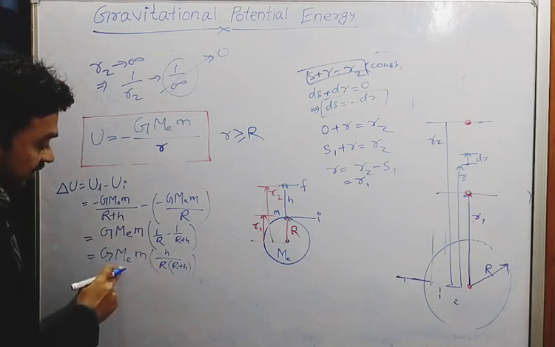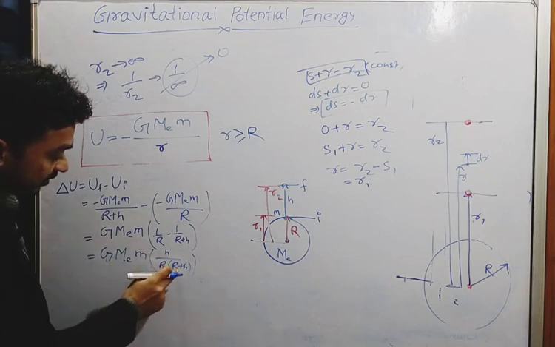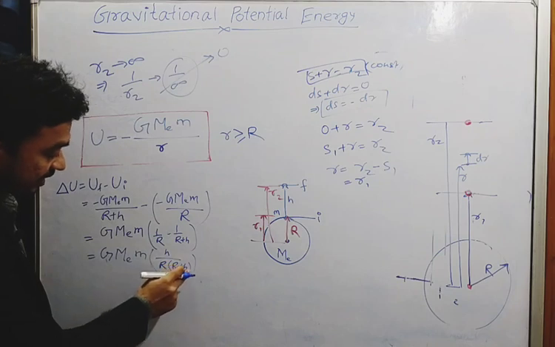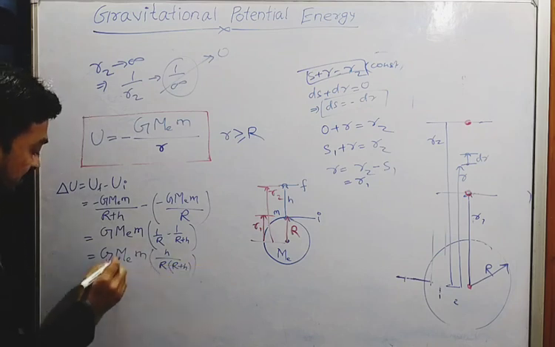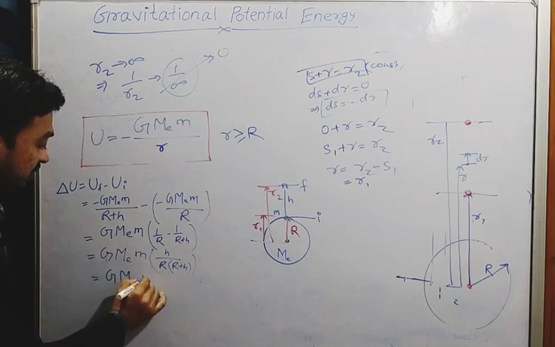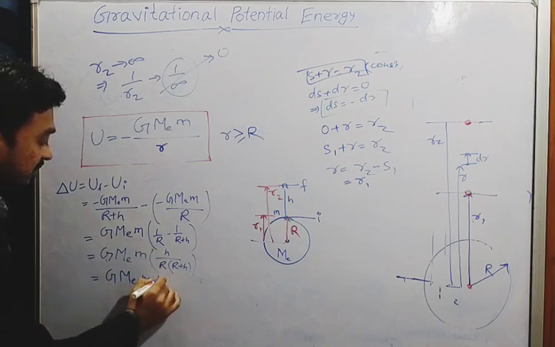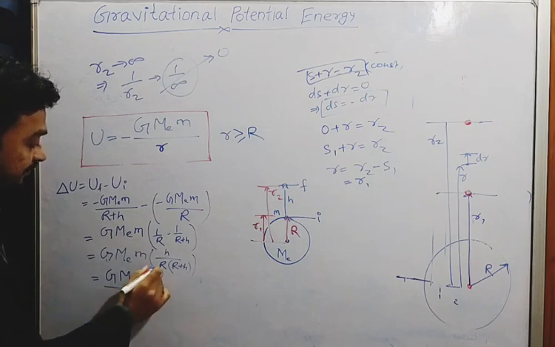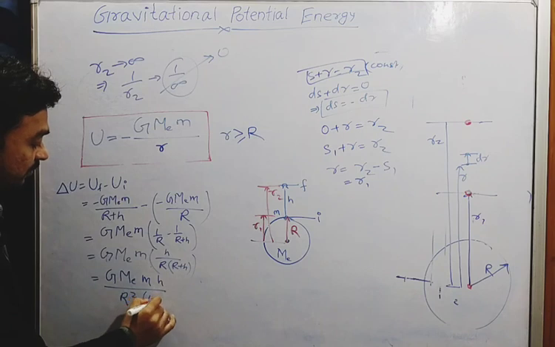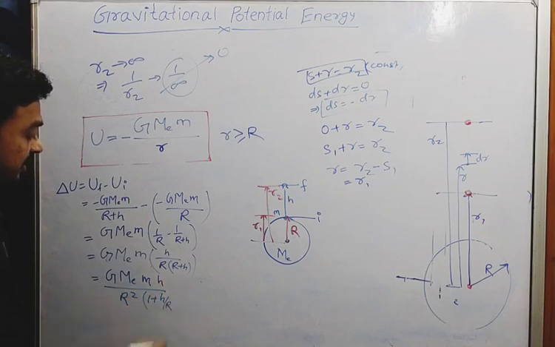Take r common from the bracket: there will be 1 and h by r. So it becomes G mass of earth, mass of object, into h by r square into 1 plus h by r.